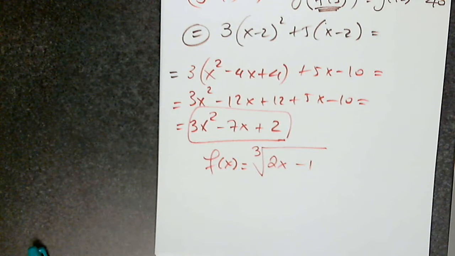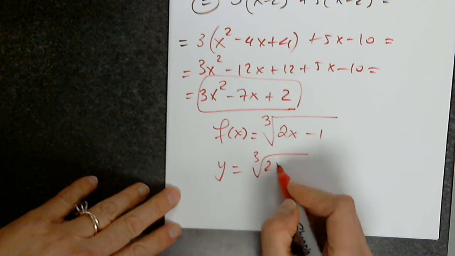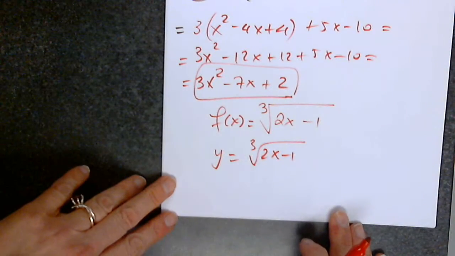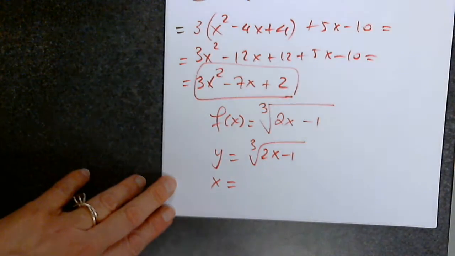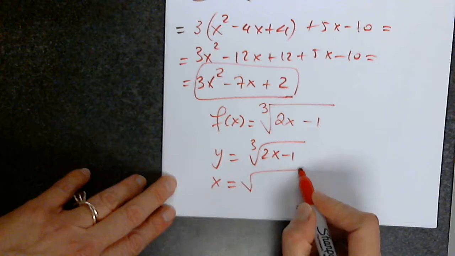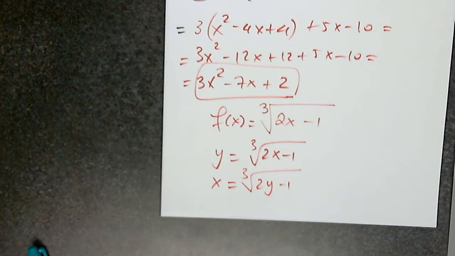First, change f of x to y. Awesome. This is the first step. y equals the cube root of 2x minus 1. And then you switch x and y. Yes, I have to, because y for f becomes x for f inverse. Awesome. x equals the cube root of 2y minus 1. Very good. What now?